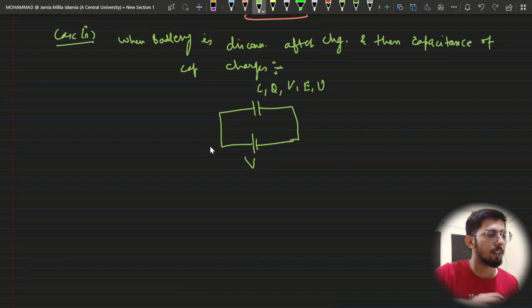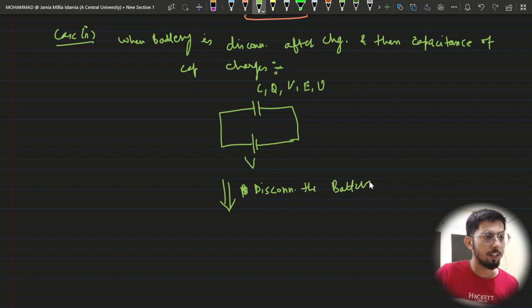So first we disconnect the battery. After charging, remember the battery was initially connected, the capacitor charged to a value so that it has energy U. And then the battery is disconnected, and after that the dielectric slab is inserted.